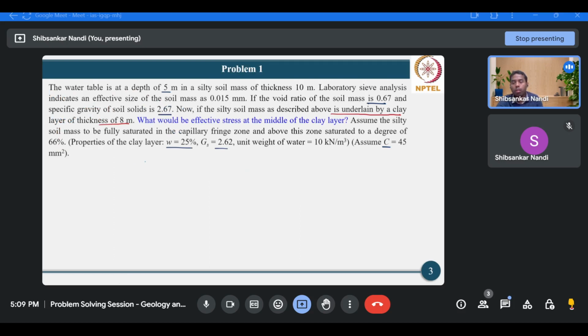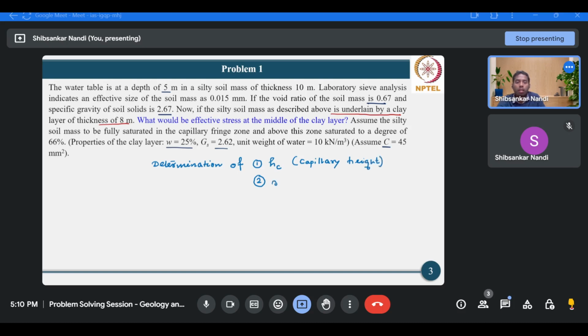Now the first job for this problem would be determination of the capillary fringe zone. If we mention the steps here, the first job would be determination of AC, that is the height of capillary, or capillary height.